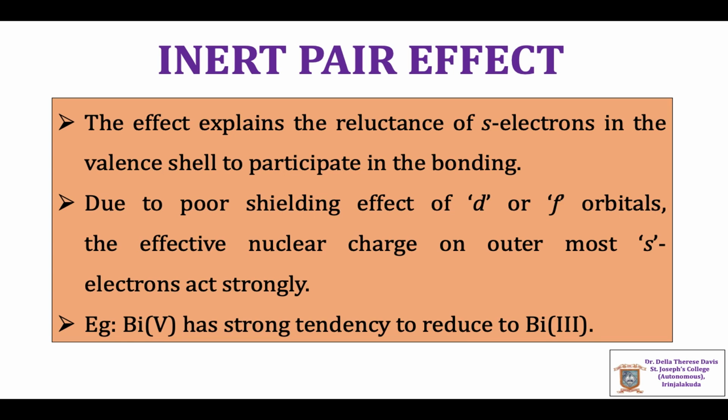Thus, the p electrons are more involved in bonding, and bismuth always shows a tendency to exist in +3 oxidation state. Because of this, Bi(V) has a strong tendency to reduce to Bi(III), and thus Bi(V) is a good oxidizing agent.